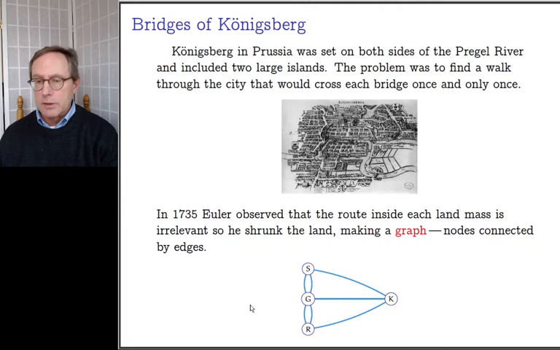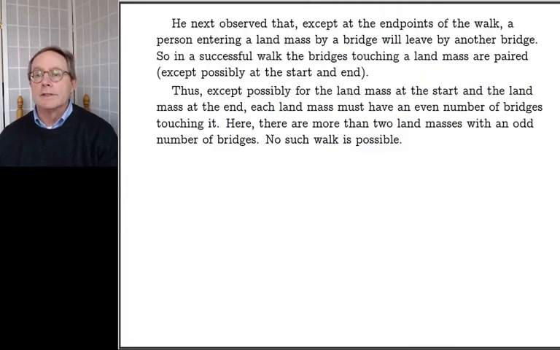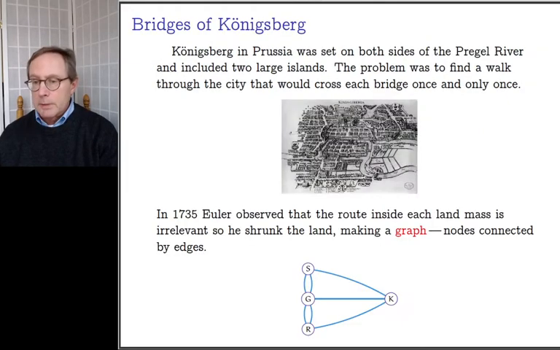That is to say, except possibly for the landmass that you're on at the start and the landmass that you end up in, each landmass has to have an even number of bridges touching it, or incident on it, is the technical jargon. And when you look at the picture, that's just not so. Here, odd number of bridges, odd number of bridges, odd number of bridges, odd number of bridges. So because there are more than two landmasses with an odd number of bridges, it's not possible.